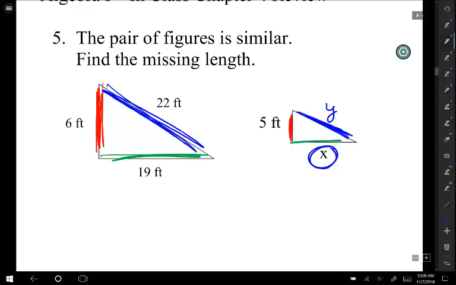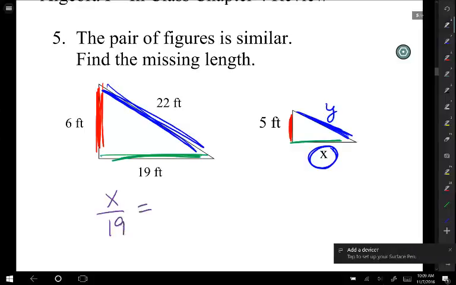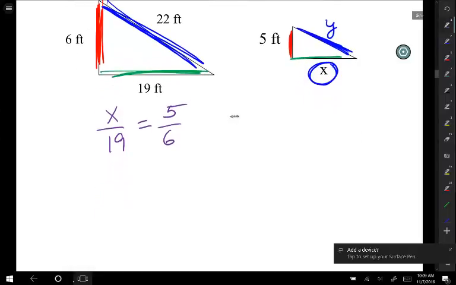So I need to set up a proportion. I'm going to say X over 19. So green over green equals 5 over 6. Good, Andy. 5 over 6. So we cross multiply. 6x equals 19 times 5, which I believe is 95.